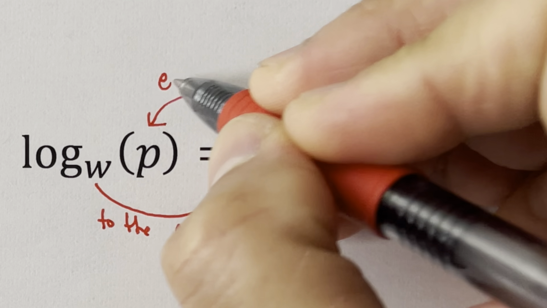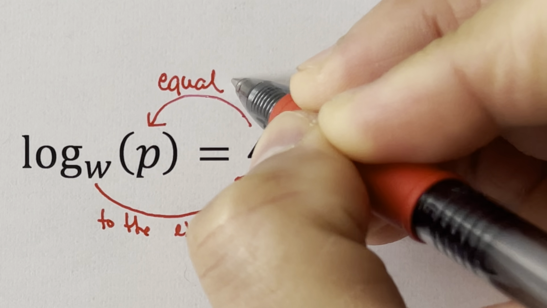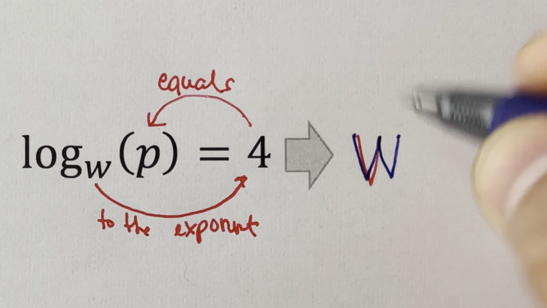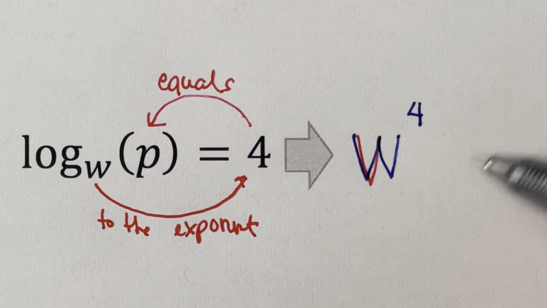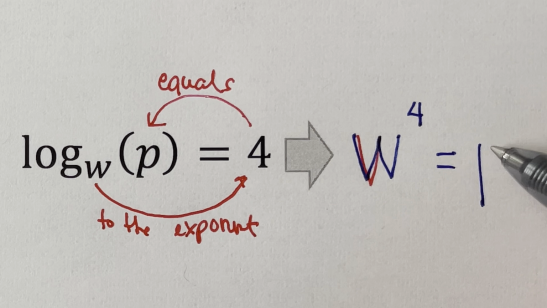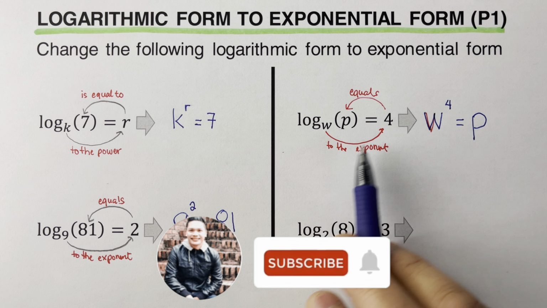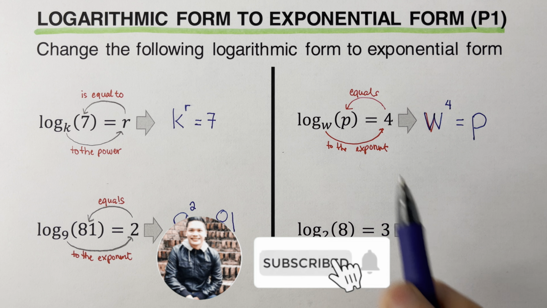So I write equals here. Then we can rewrite this as w to the power 4, or to the exponent 4, is equal to p. So this is the equivalent exponential form of this logarithmic equation.